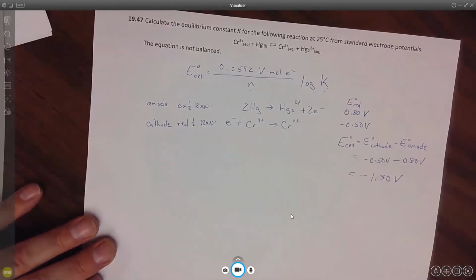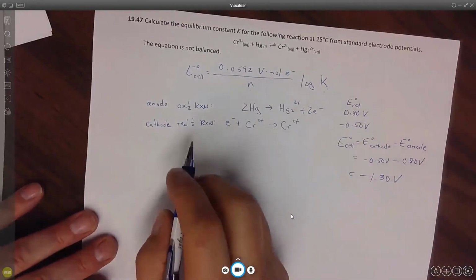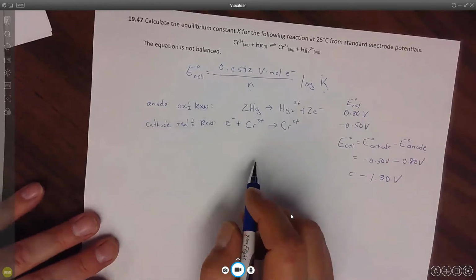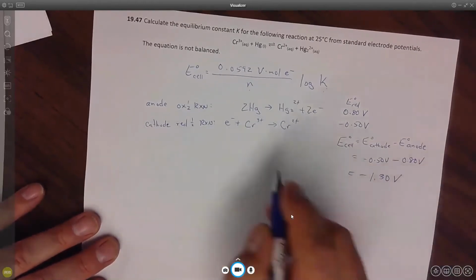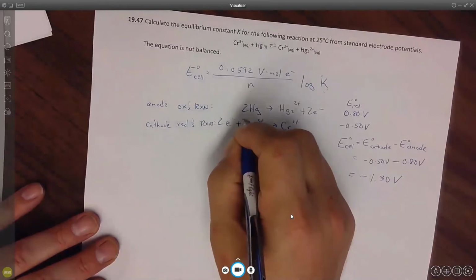So right off the bat, you should already know something about the value of K. Can anybody tell me what that value is? No? Okay, so our next step then would be to balance this. So we have 2 electrons, we have 1 electron. We would have to multiply each of these coefficients by 2.